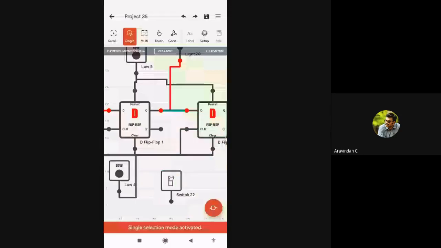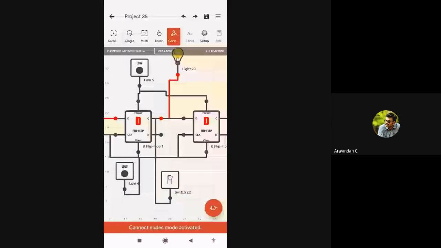So I removed it. Those are only small changes; the rest of the circuit is the same. Now I have connected the second switch to the input of the second flip-flop.